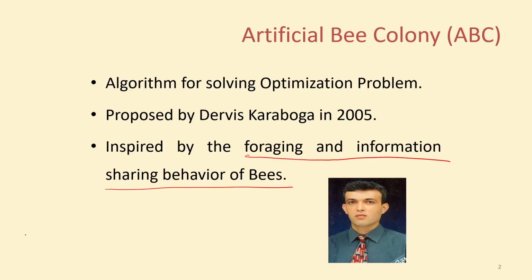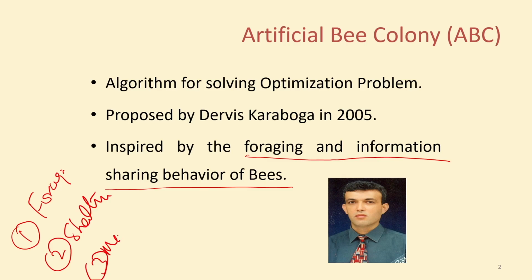Normally if you look at the literature, why so many nature inspired or bio inspired algorithms are available, and what is their principal inspiration, there are three behaviors. One is foraging, another one is shelter, third one is mating. Based on these three behaviors you can categorize all these algorithms.